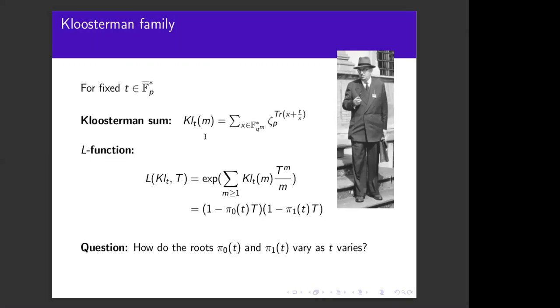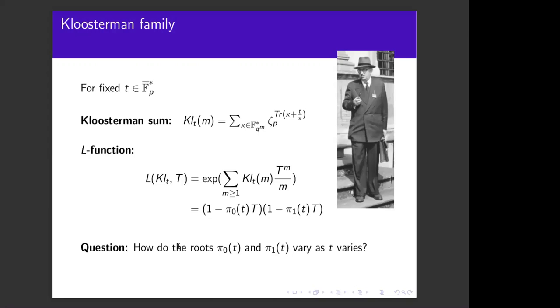To study that sequence of exponential sums, you can plug it into this generating function, this L function. It's classically known that this L function turns out to be a quadratic polynomial, so it has two roots, or two reciprocal roots.